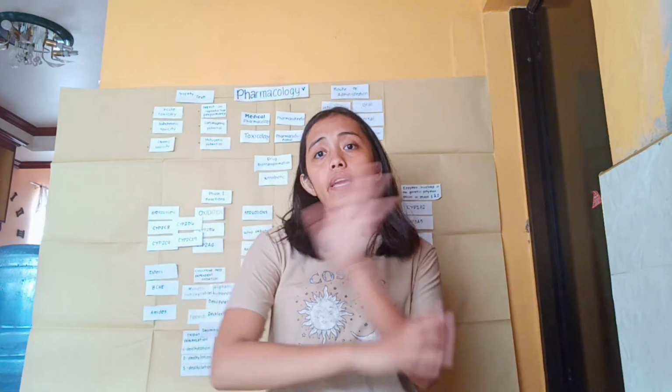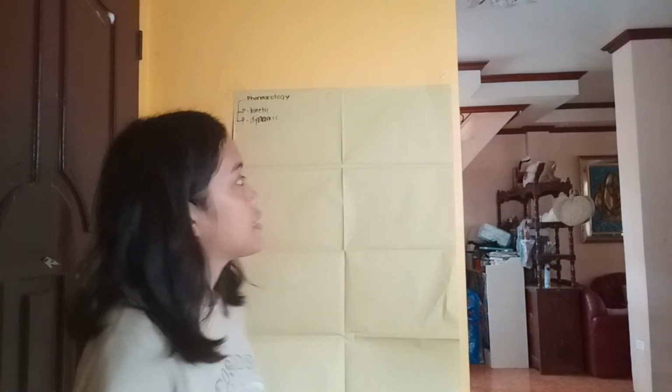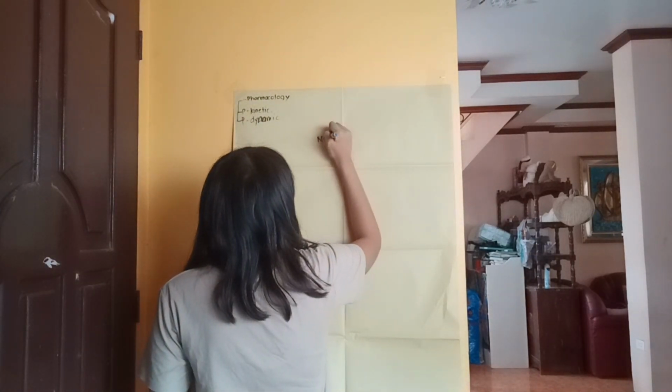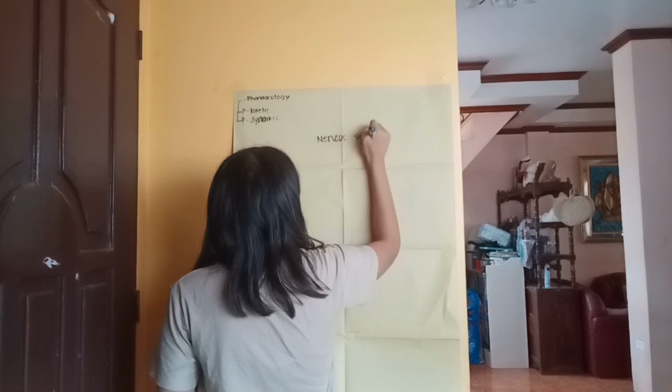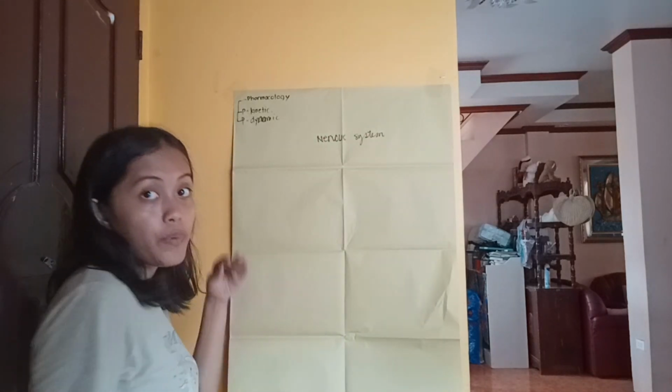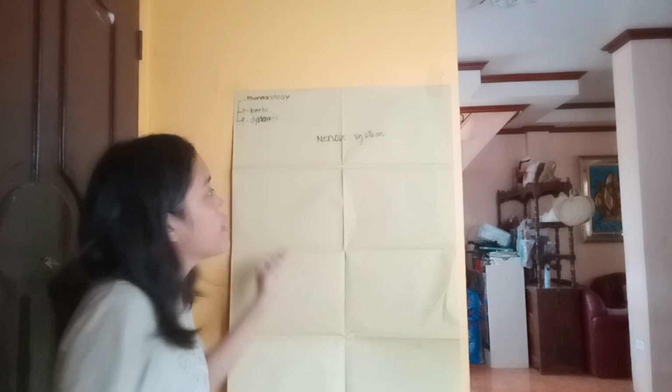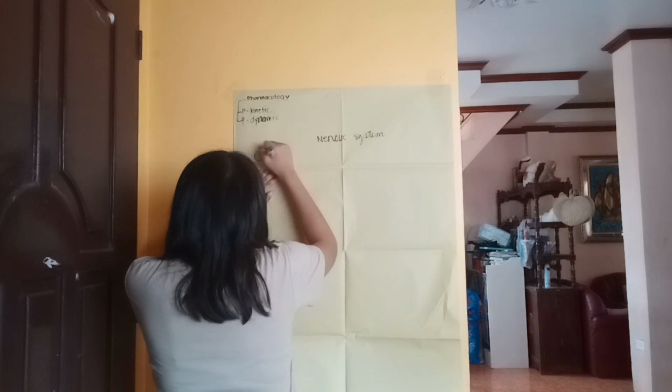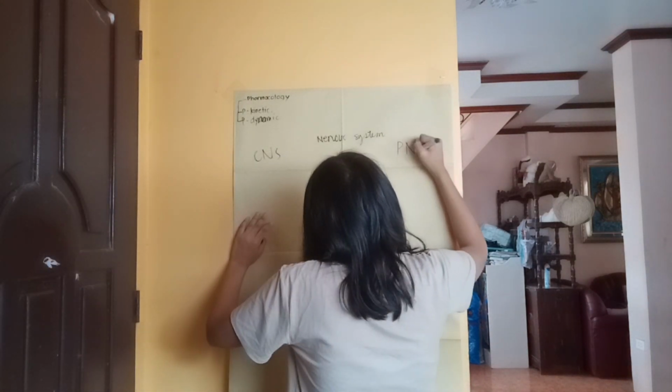So next part, we are going to talk about the ANS and the drugs that are related to autonomic pharmacology. To start with its introduction, let us talk about the nervous system. Our nervous system has two major divisions, the central nervous system and the peripheral nervous system.